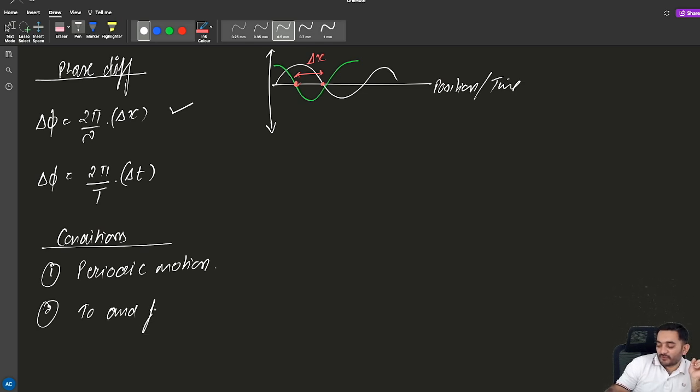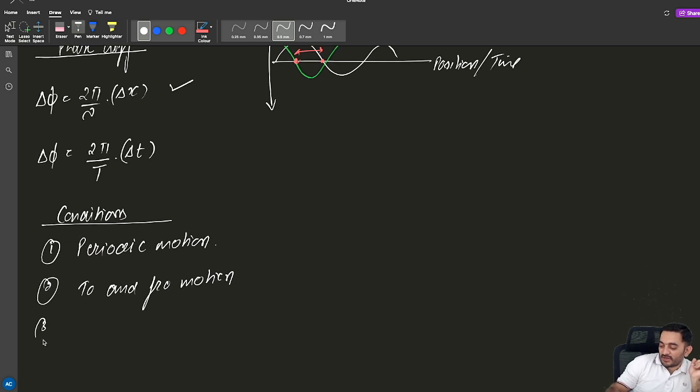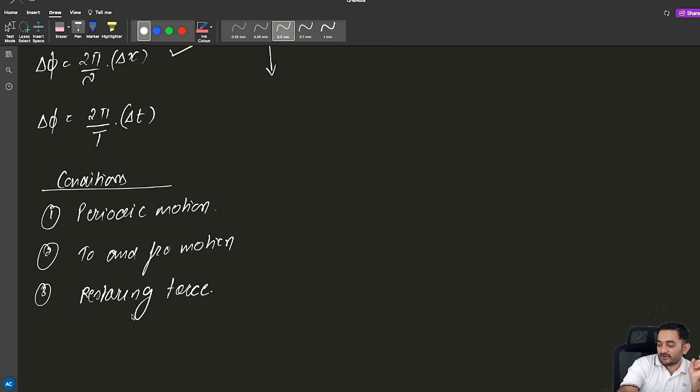There should be a to and fro motion, and acceleration is directly proportional to the negative of displacement, which is very important. But before that, I will write that there should be a restoring force towards the mean position. So there will always be a restoring force acting towards the mean position.